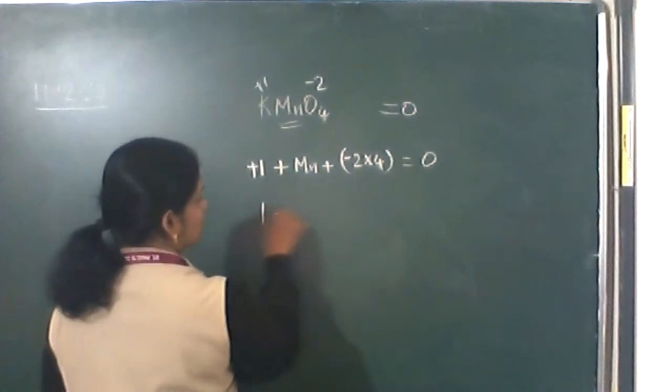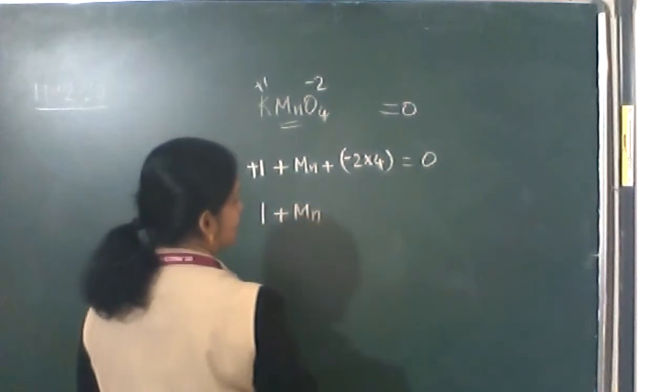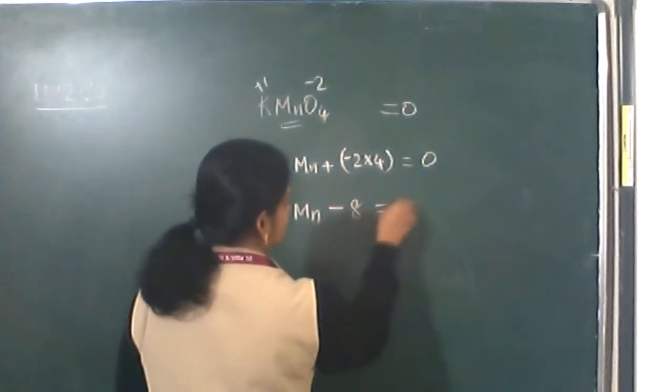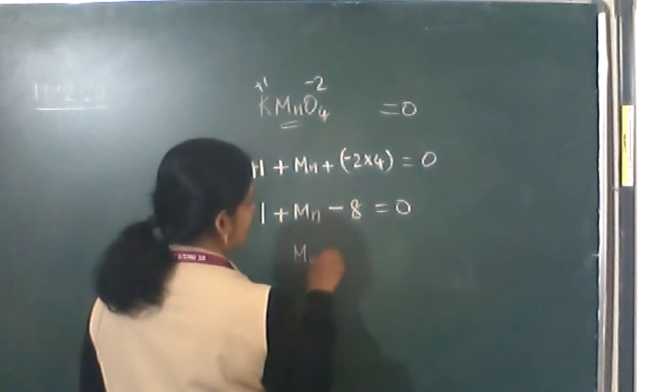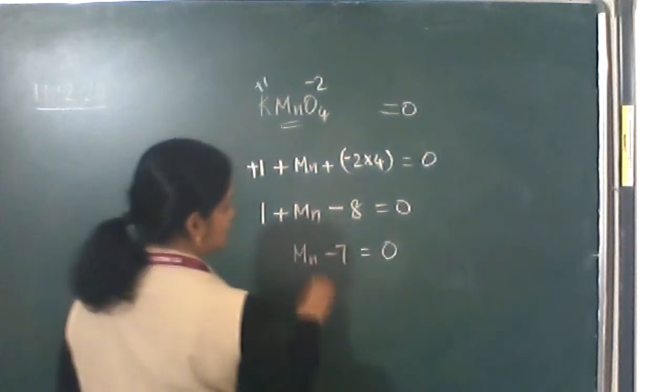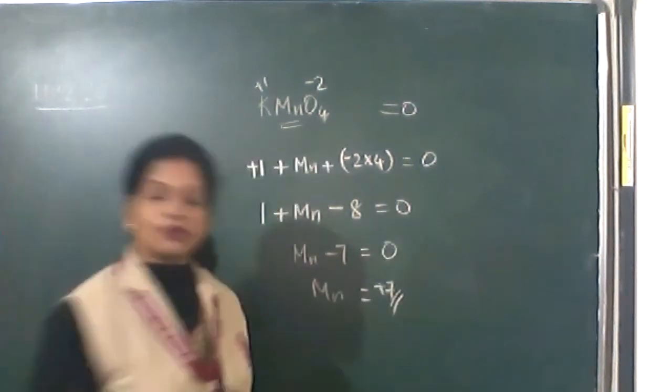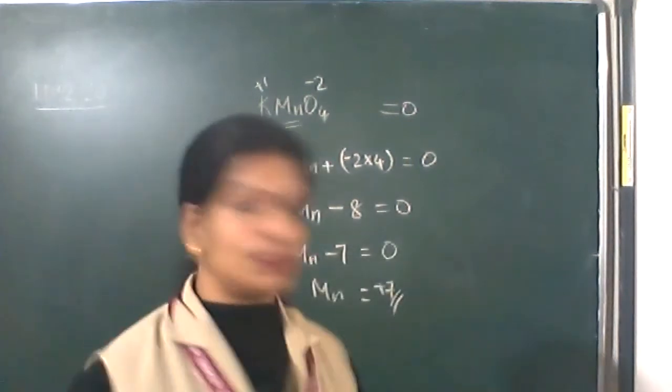So plus 1 plus Mn minus 8 is equal to 0. Mn minus 7 is equal to 0, so Mn is equal to plus 7. The oxidation state of Mn in KMnO4 is plus 7.